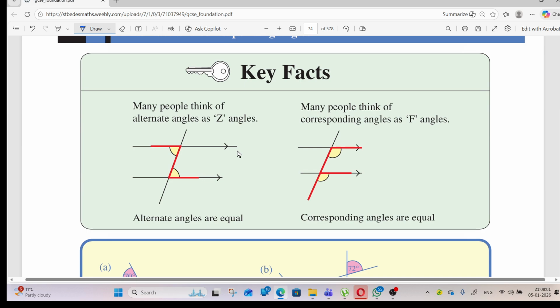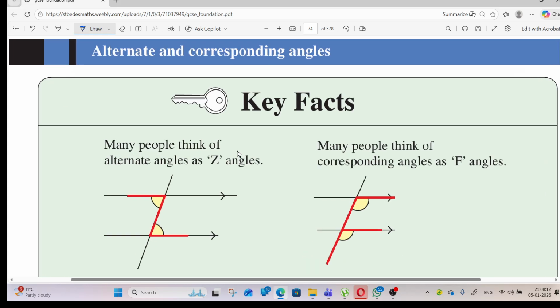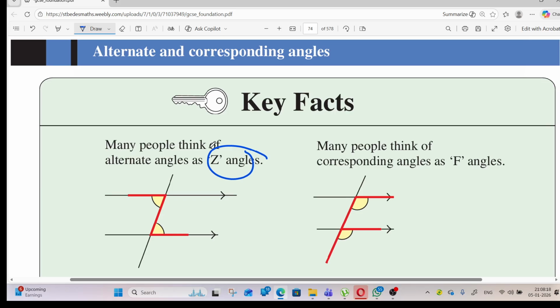Now let's talk about alternate and corresponding angles. So basically, alternate angles make a Z. If you see in this figure, there are two parallel lines and this line is cutting these parallel lines, so this is called a transversal.